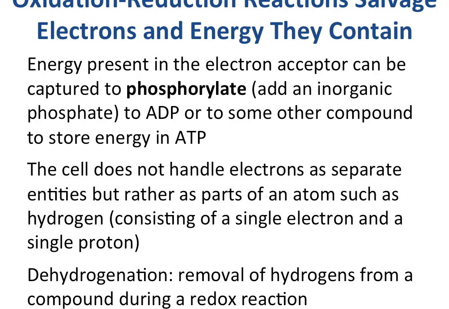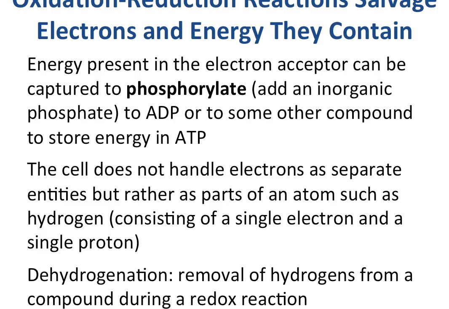Once the electron is accepted by certain acceptors, the energy can be captured by phosphorylation. ATP is a good example to explain phosphorylation.